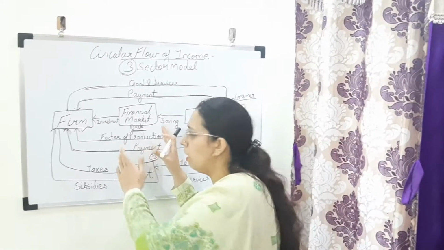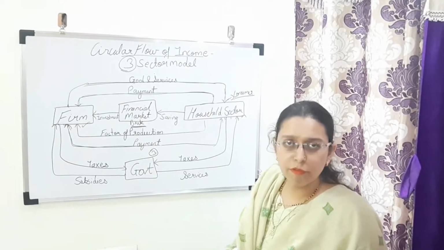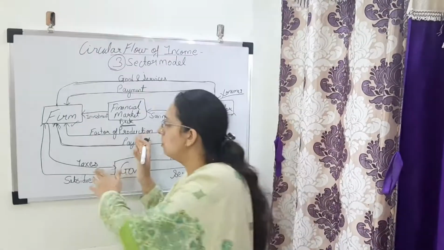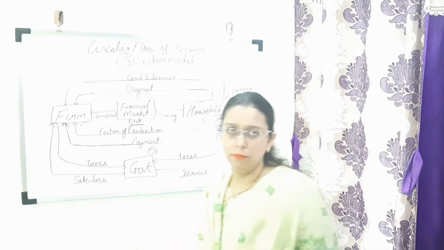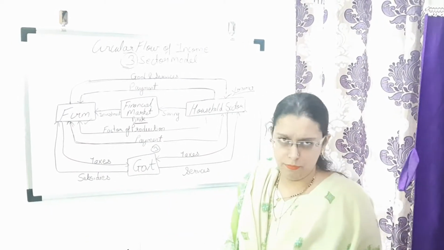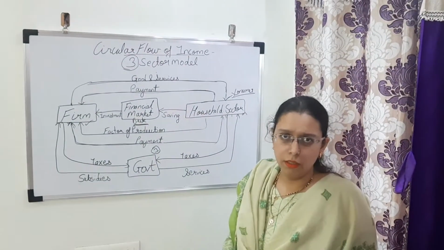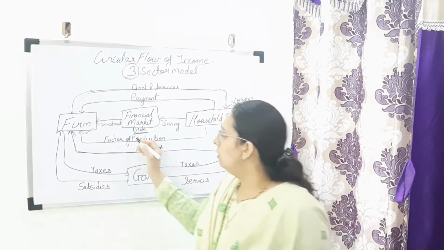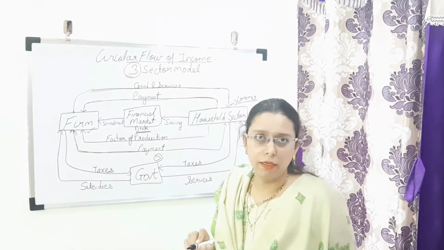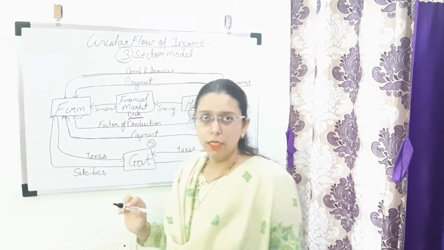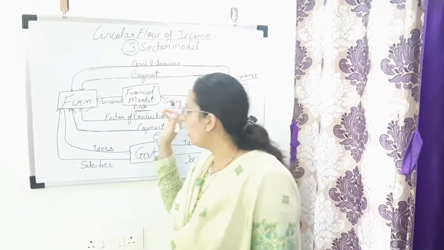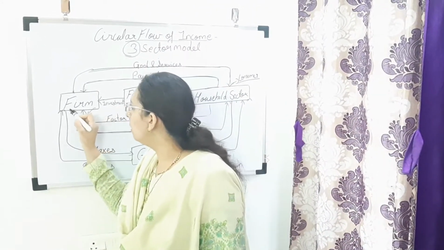The saving amount of money which is saved by the consumer is invested in the firm. So whenever a firm, industry need loans, they go to the financial market to take money. It means bank, financial market invest money in firms.